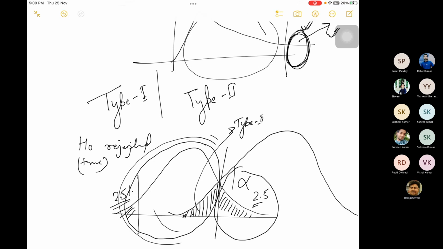So these are to be avoided. You do not commit that kind of error. The power of the test is also known as 1 minus beta. Power of the test means instead of accepting the wrong population distribution, you are rejecting it.